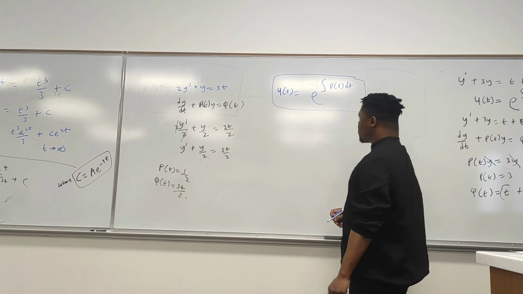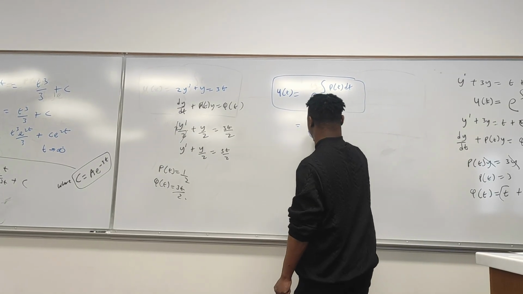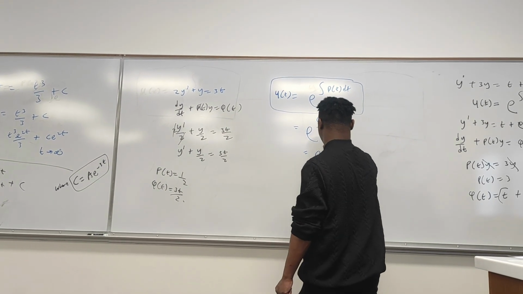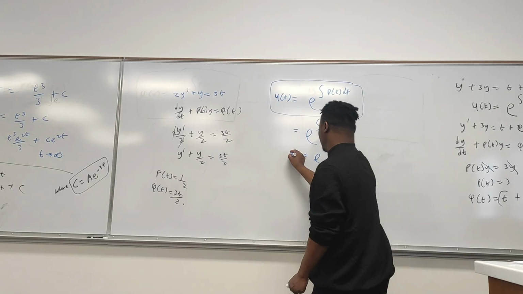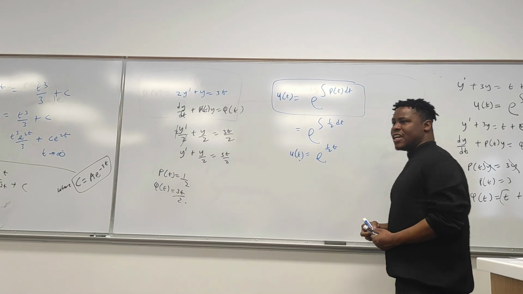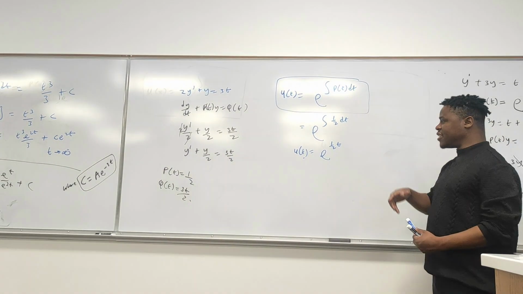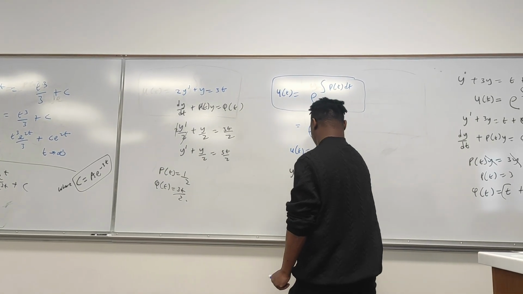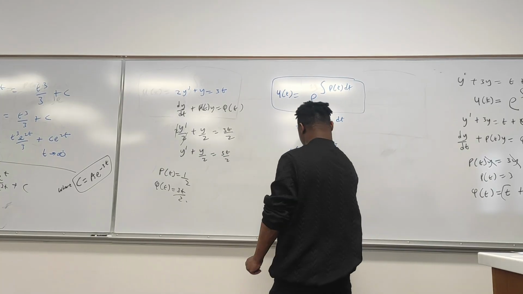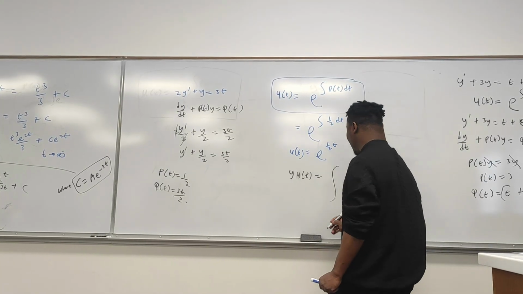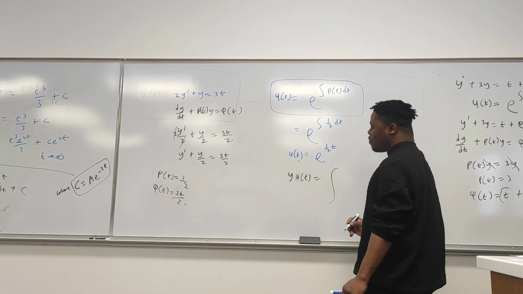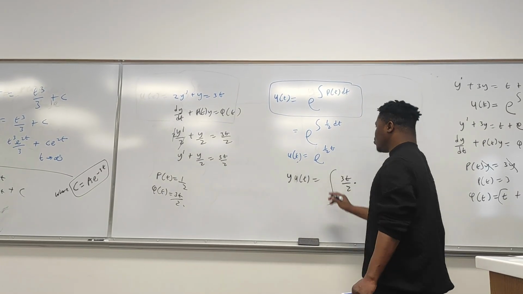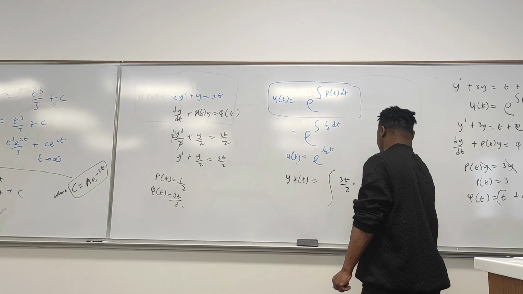So it becomes exponential integral of P of t, which is 1 over 2, dt. That will give us exponential 1 over 2t. That's U of t. Did anyone get it up to this point? Great. So our y, the solution to the differential equation, let's say y U of t is integral Q of t, which is 3t over 2, multiplied by U of t, which is e^(t/2), dt.